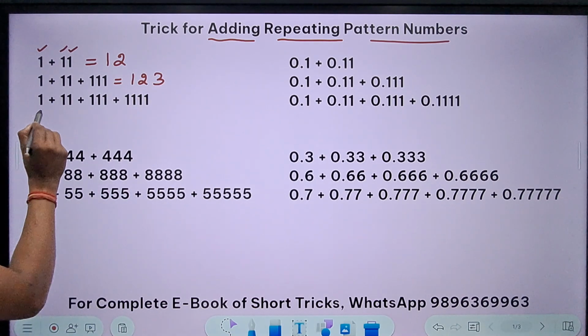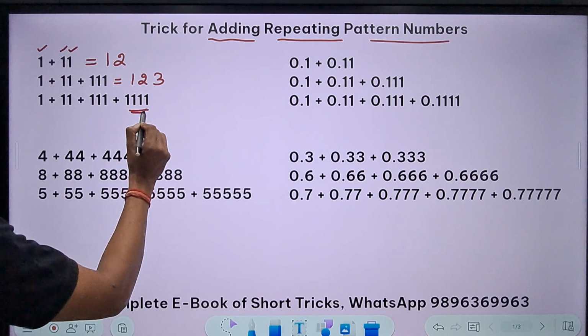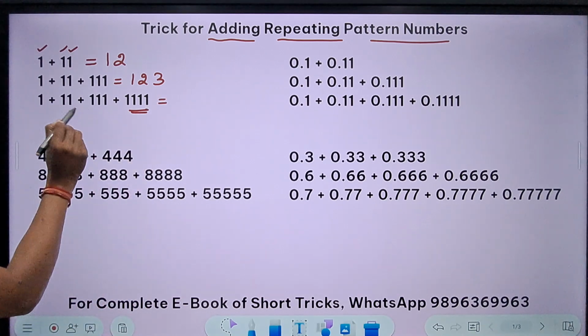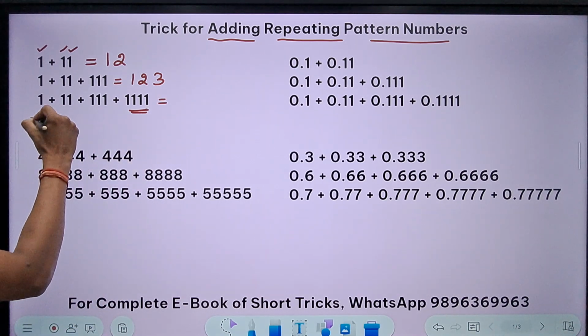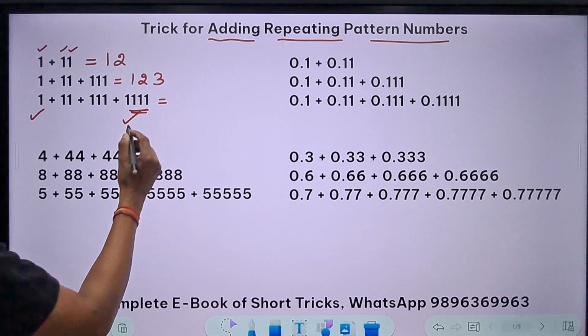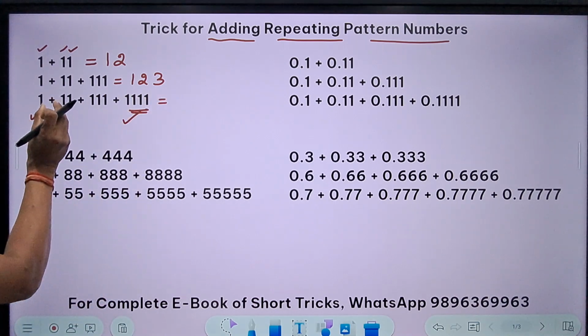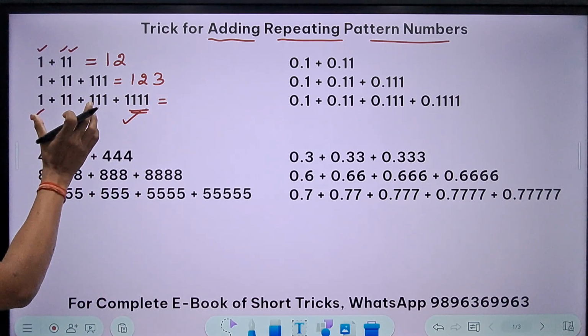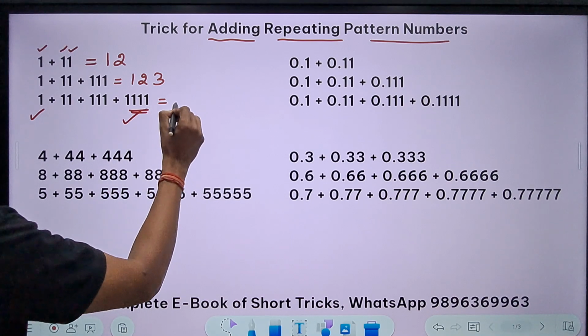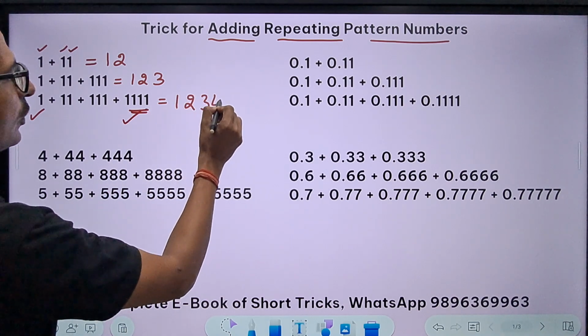And likewise, if I write it up to 4 ones, these are 4 ones. Remember, we should not miss anything in between. We have to start with 1 and end at a definite number of ones, not missing out on the middle terms. So 4 ones means 1, 2, 3, 4.